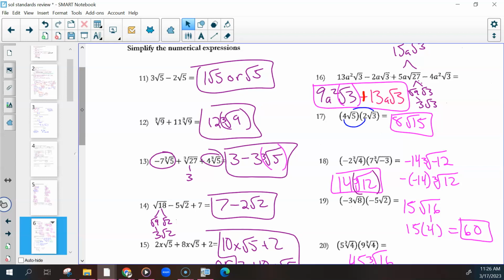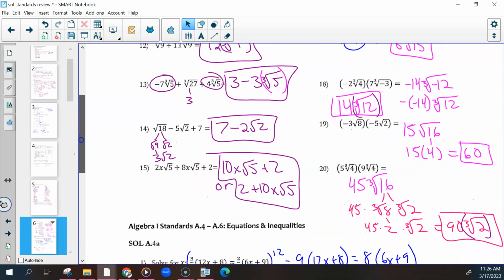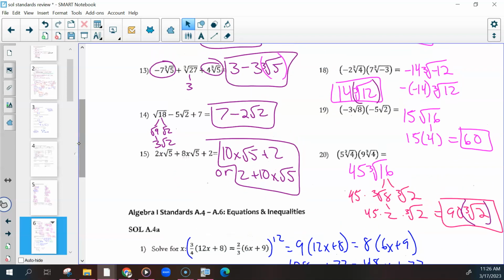So for 17, the outside numbers become 8, the inside numbers become 15, and it's just 8 times the square root of 15. 18, it would be positive 14 times the cube root of 12. 19 becomes a whole number because the square root of 16 is 4, so just 60 is that answer. And then 90 times the cube root of 2 is the answer to 20.